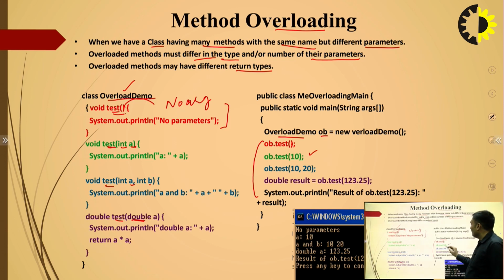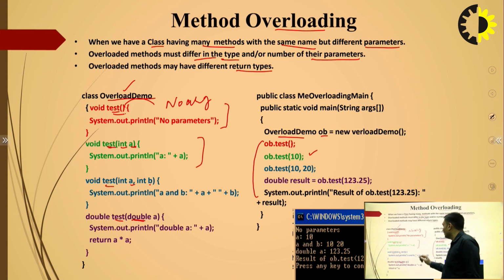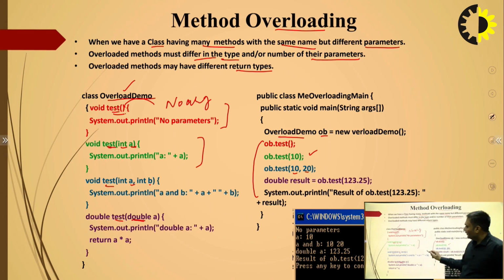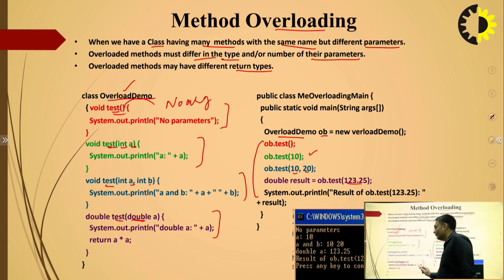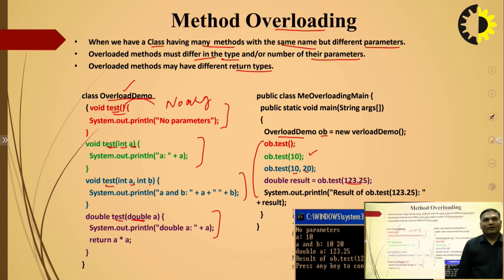With one parameter with an integer value, this method will be called. With two parameters with integer values, this method will be called, and with one double value, this method will be called. So in this way we can define an example of method overload.